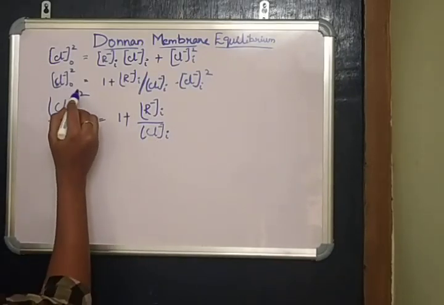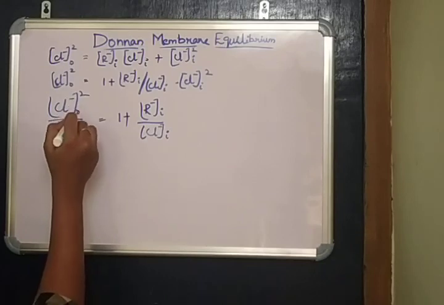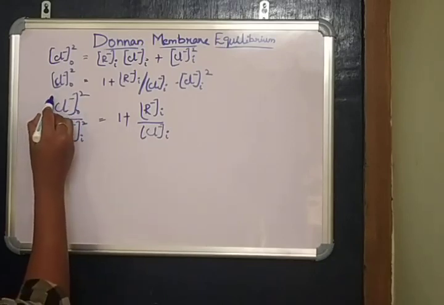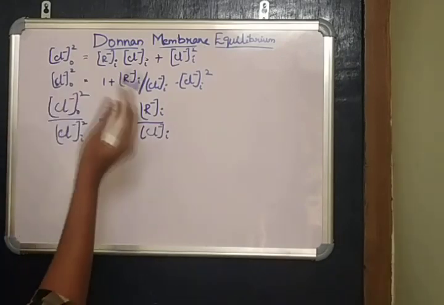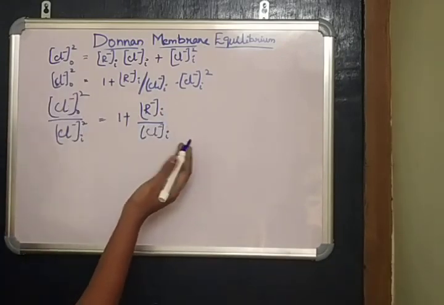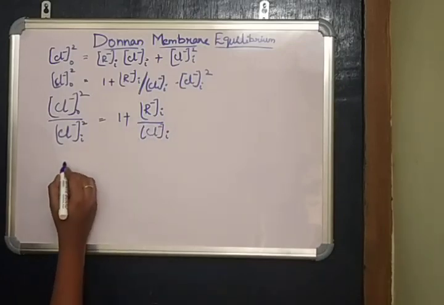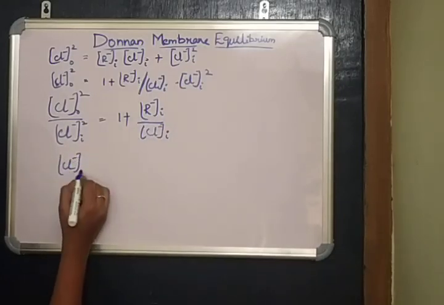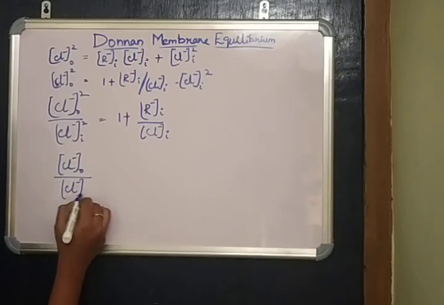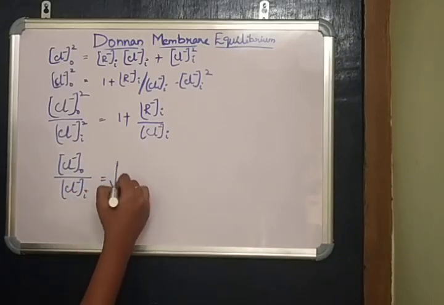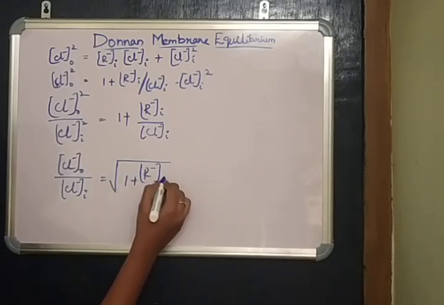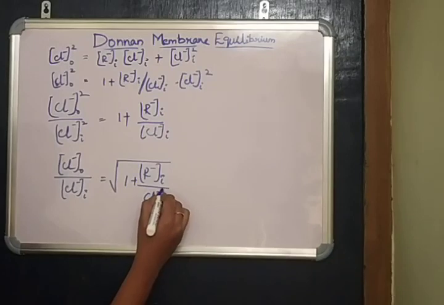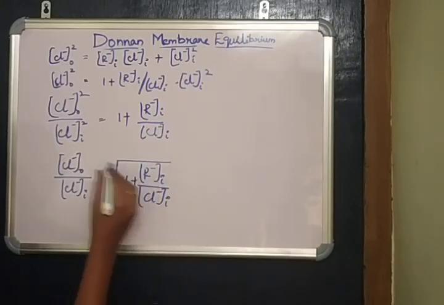The concentration of chloride ions outside square divided by the concentration of chloride ions inside square, when moved to the right-hand side, becomes a square root. Chloride ions outside divided by chloride ions inside is equal to the square root of 1 plus R minus concentration inside divided by chloride ion concentration inside.